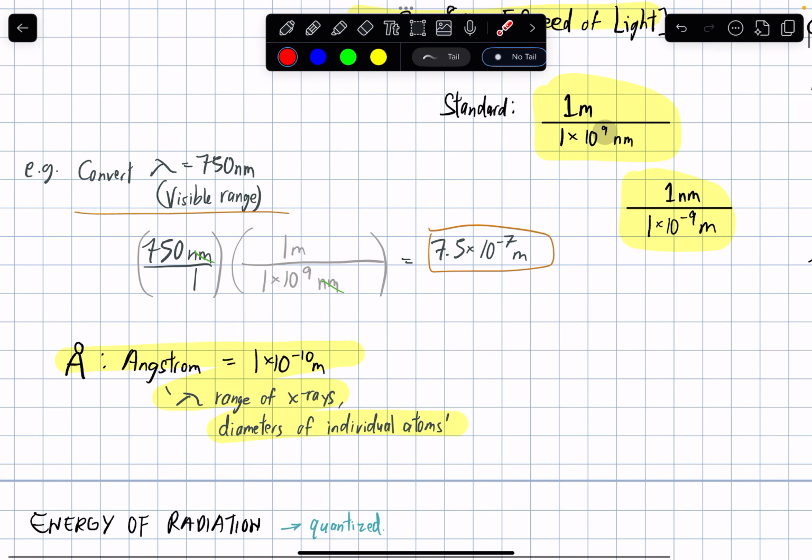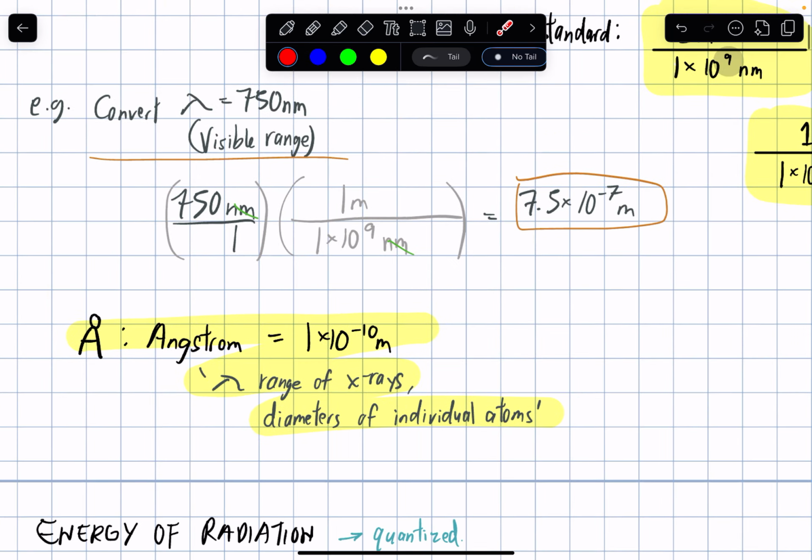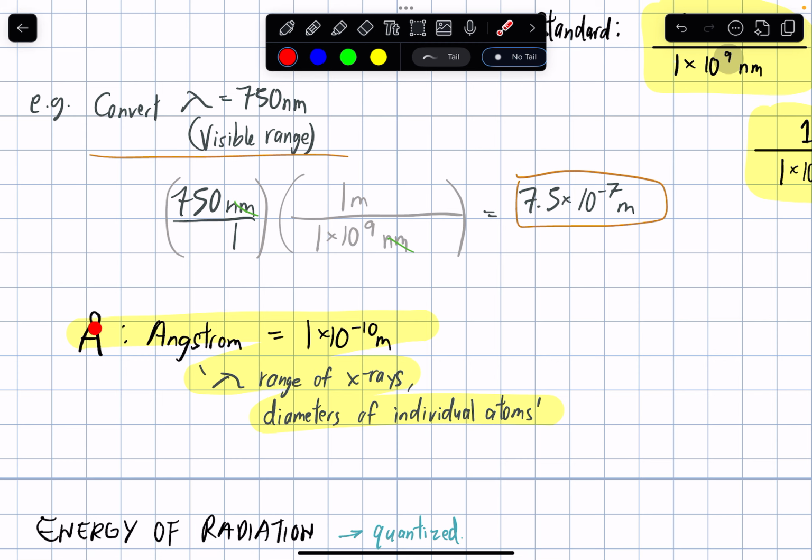Another thing you'd want to know is something called the angstrom. It's essentially a letter A with a circle on top. This is the wavelength range of X-rays. More on this later, this is just one value. It helps if you are familiar with the corresponding values of all the members of the electromagnetic spectrum, of which X-ray is one.